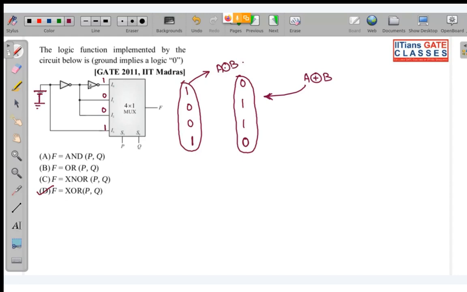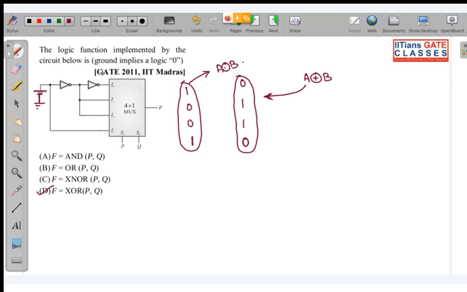Note both of them very quickly. When you have ground at this position, you get XOR. When you have a voltage source of 5 volt, you will be getting XNOR. Whatever is the input to this mux, see what is the corresponding logic gate for this.